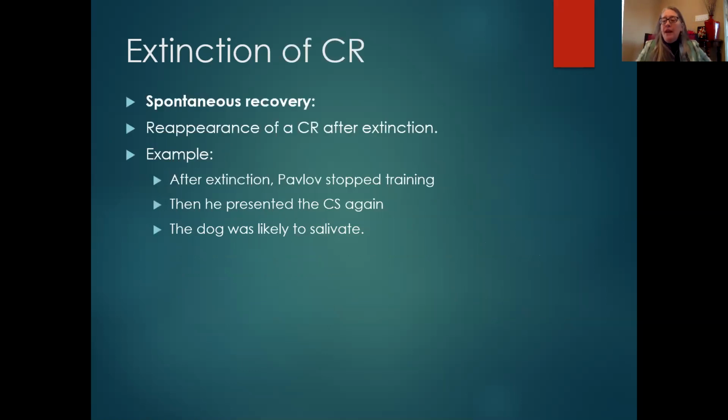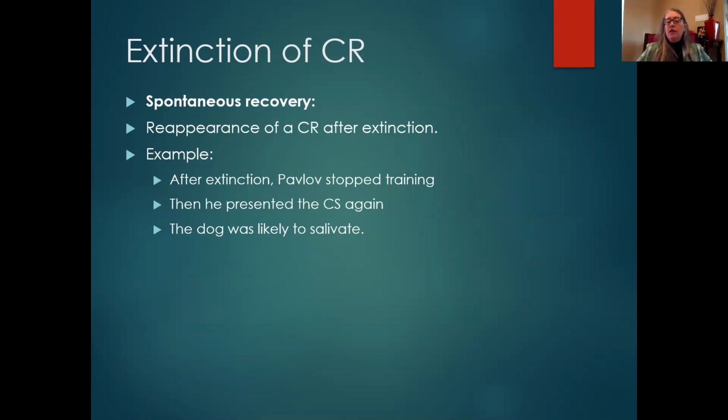Okay? The fascinating thing about extinction is what happens after extinction has occurred. First, we taught the dog to salivate to the metronome. Then we presented the metronome without the food a whole bunch of times, so now the metronome alone doesn't lead to salivation at all. But sometimes if you wait a little bit and present that metronome again, the dog will salivate, even after extinction has happened.